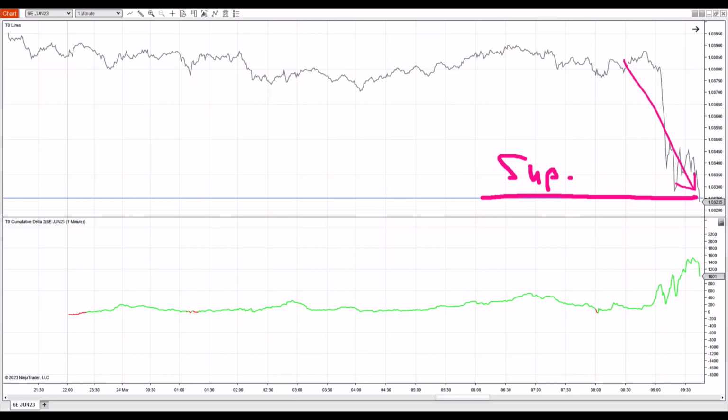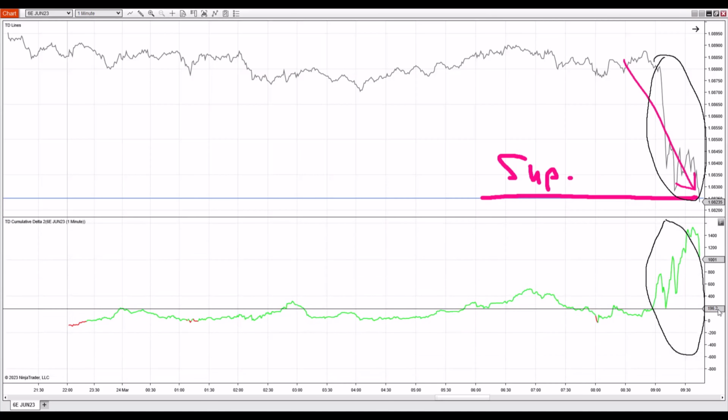And at the same time, you want to look at delta, cumulative delta. If you look at this area and compare it to the same area on delta, let me zoom it in a bit, then you can see that there is a clear divergence. Even though the price is dropping, delta is rising. This is a divergence. This is telling you that even though the price is dropping, there are more aggressive buyers.